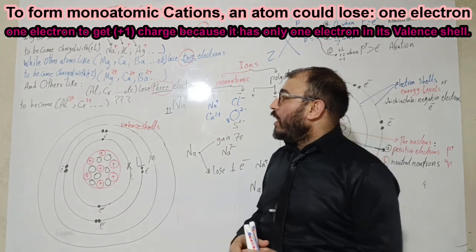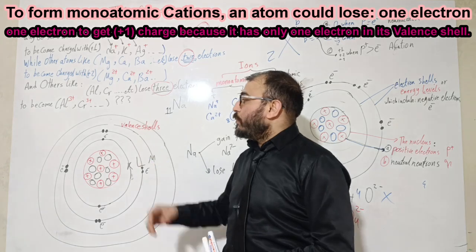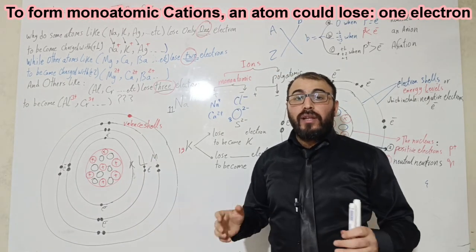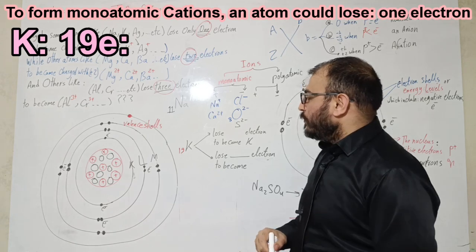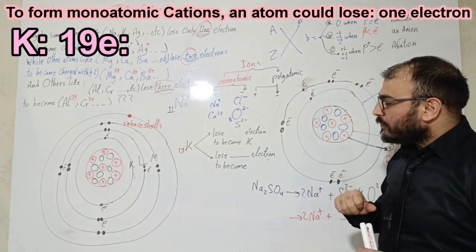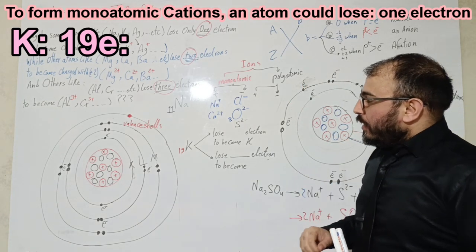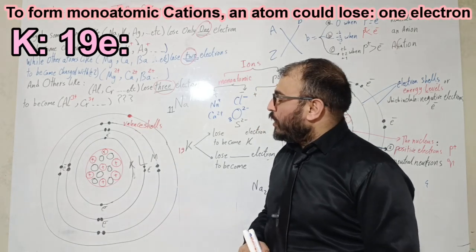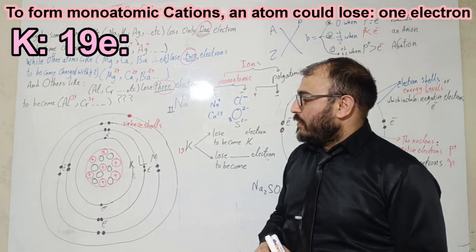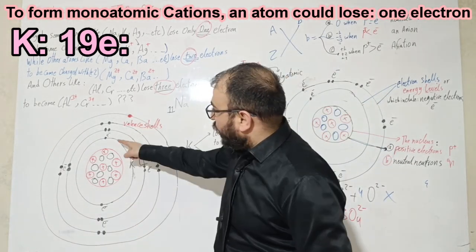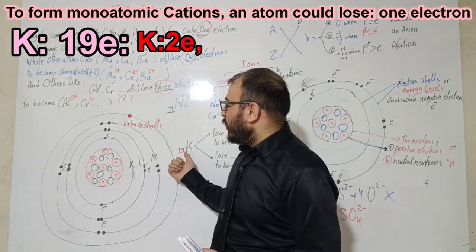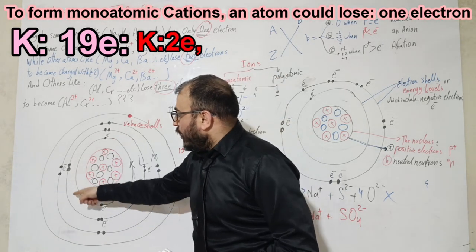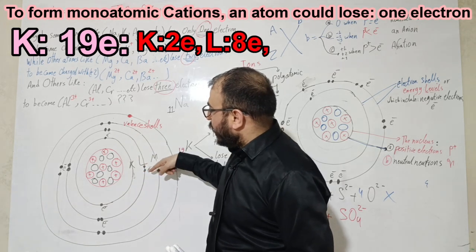Let's take another example, potassium. Potassium has the atomic number 19. If we take the electronic configuration of the potassium atom, the first shell takes 2 electrons, and 17 remain. The second one, L, takes 8.